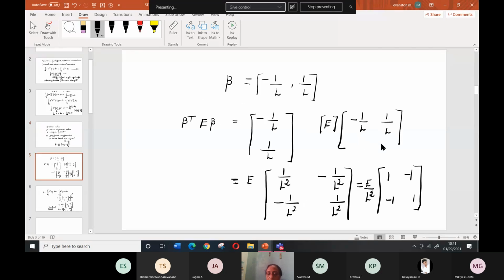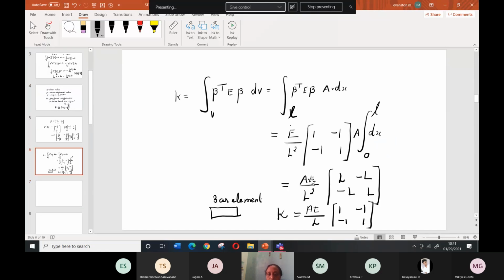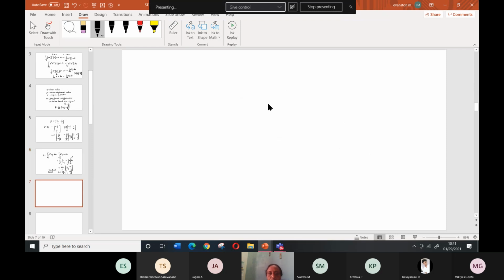Then I think with this we will stop. And when you're finding out the value of k, the stiffness matrix for the beam element, you will get the same value only.